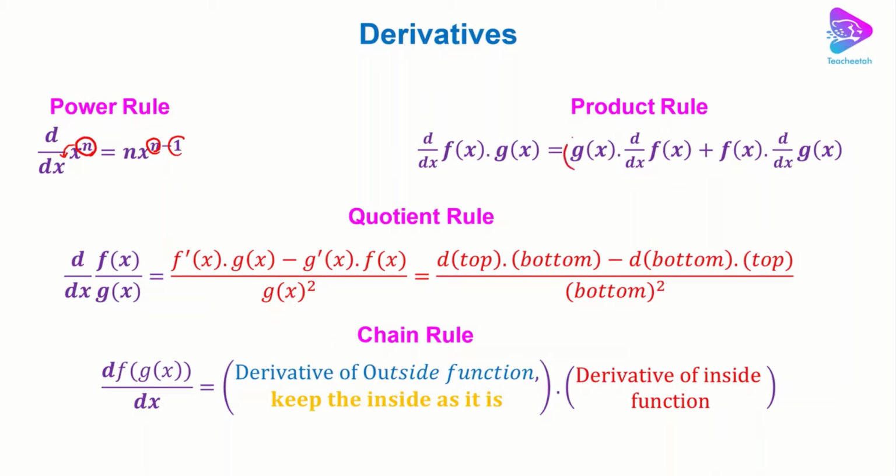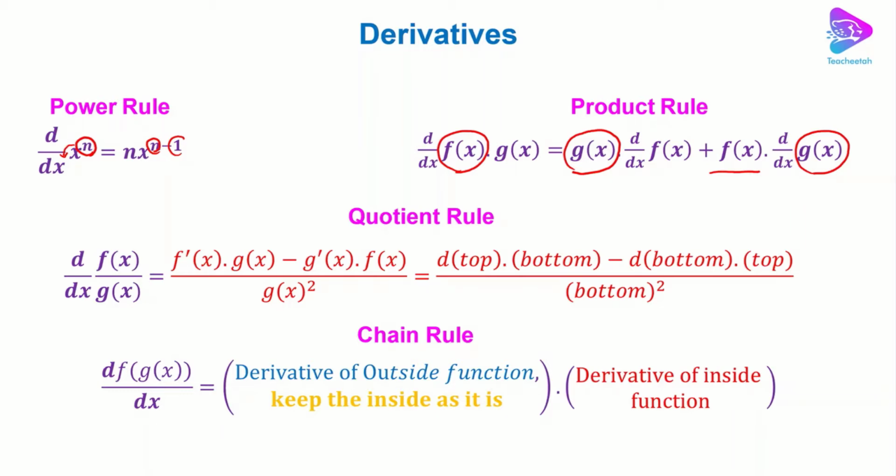So we keep g(x) as g(x) and we take the derivative of the other one, which is f(x). And then the second part is we keep f(x) as it is and then take the derivative of the second function, which is g(x), as we can see here.